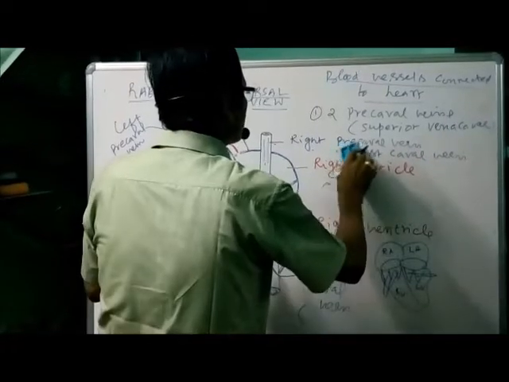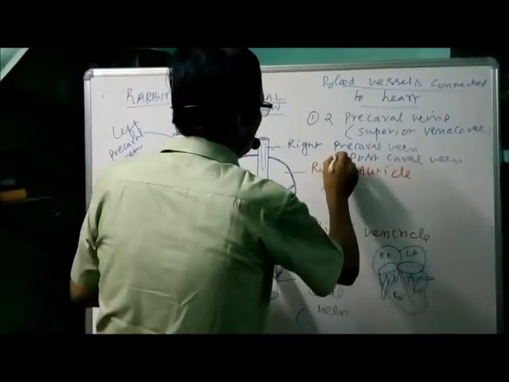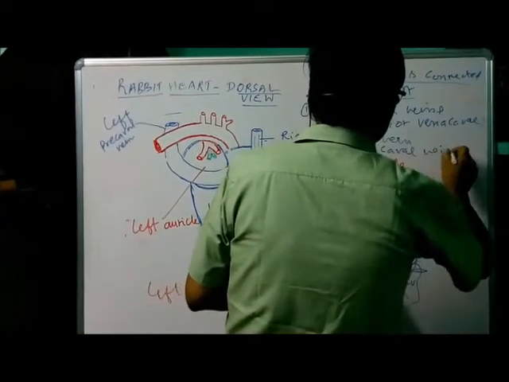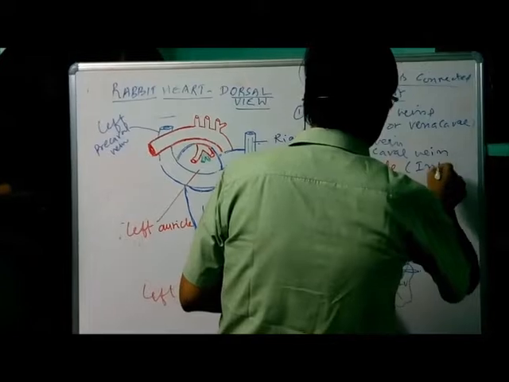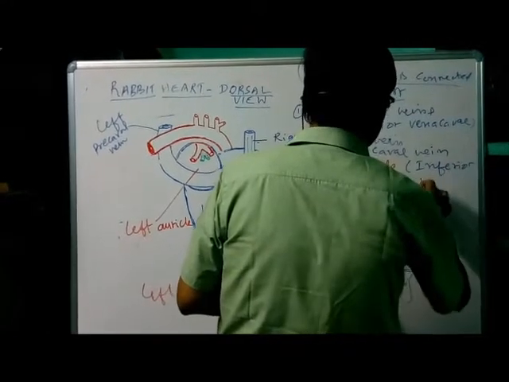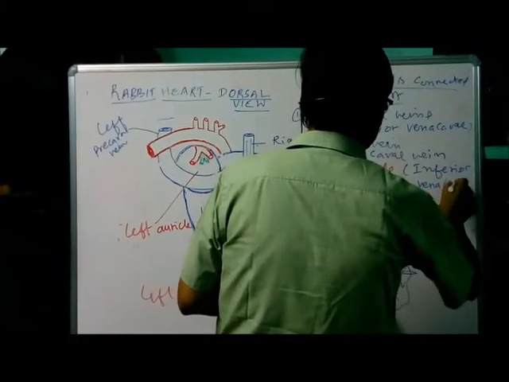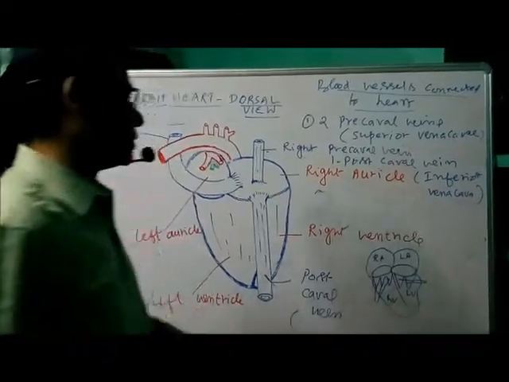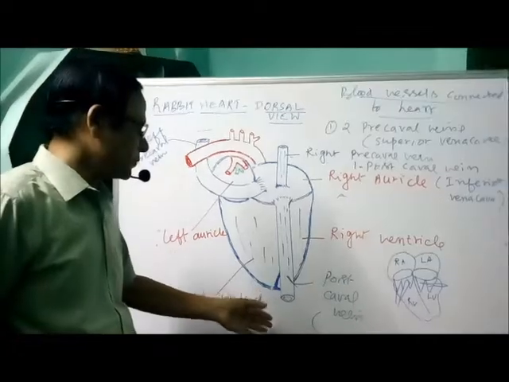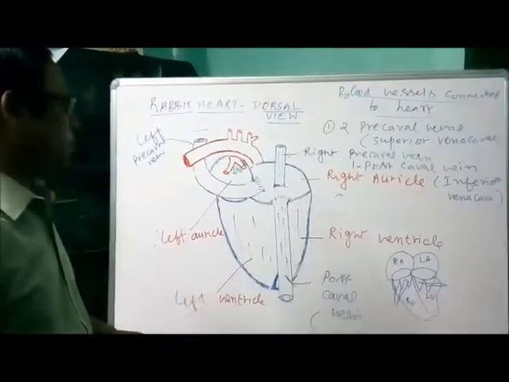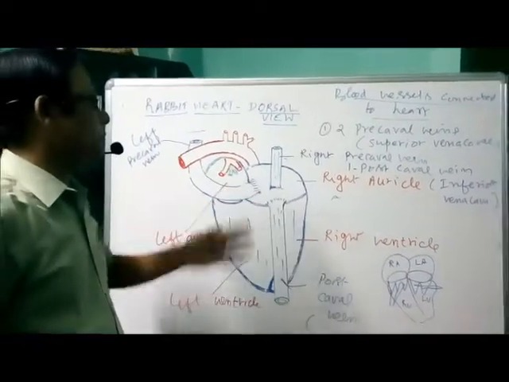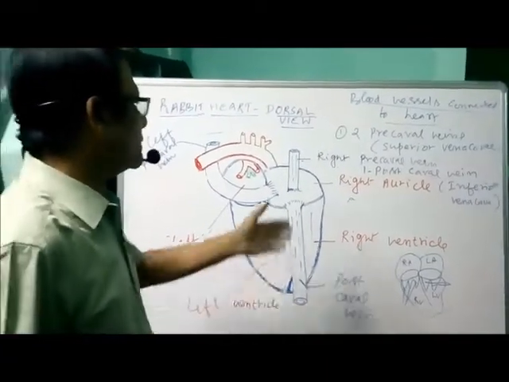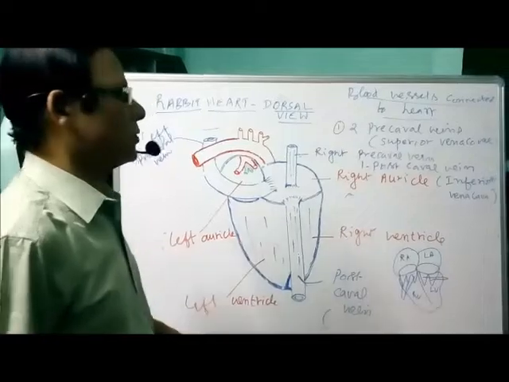The postcaval vein is also called inferior vena cava. It collects blood from the posterior parts of the body. So three veins open into the right auricle, collecting the blood from various parts of the body and draining the blood into the right auricle.